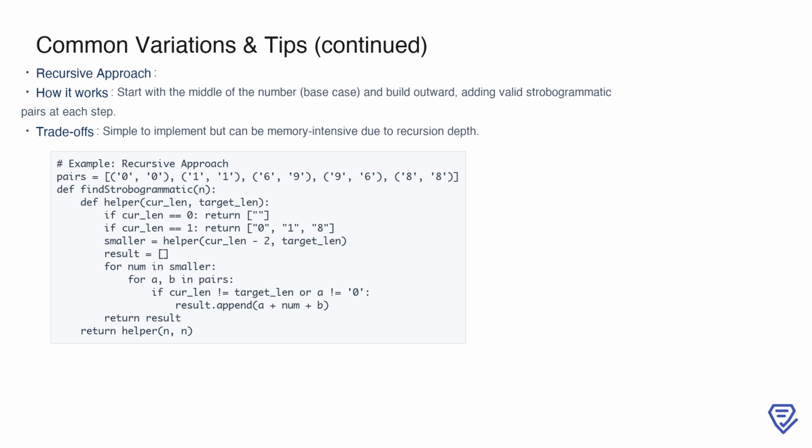A key detail is to avoid adding 0 at the beginning of numbers unless the number itself is 0. While this approach is straightforward and relatively easy to implement, it can become memory-intensive due to the depth of recursion, especially for larger values of n. To address this, we can consider iterative alternatives, which we'll discuss shortly.